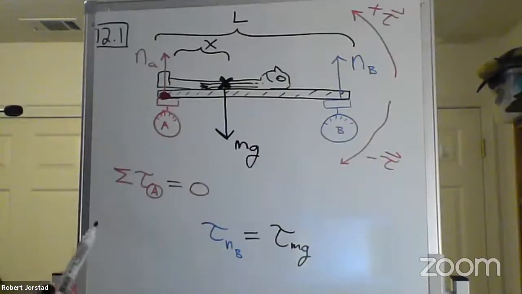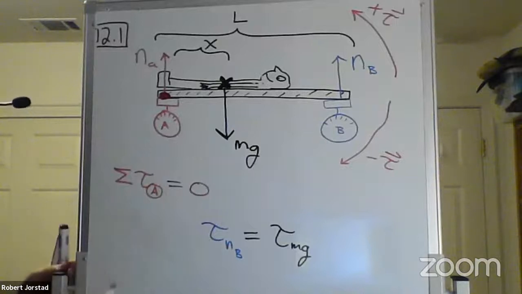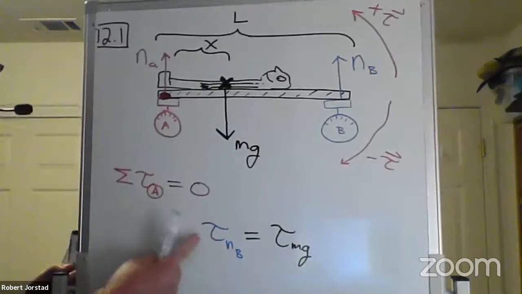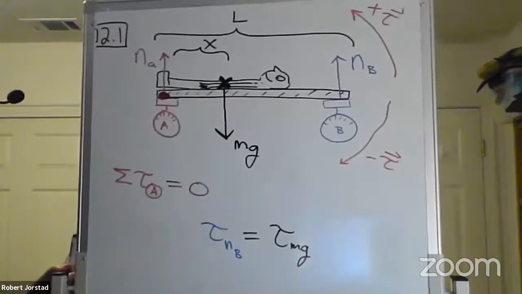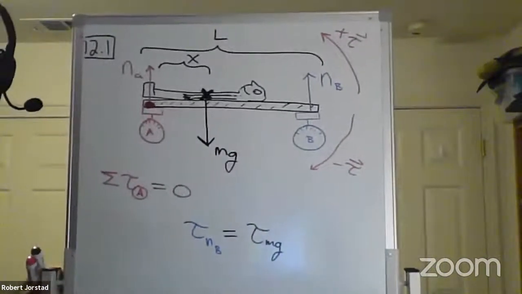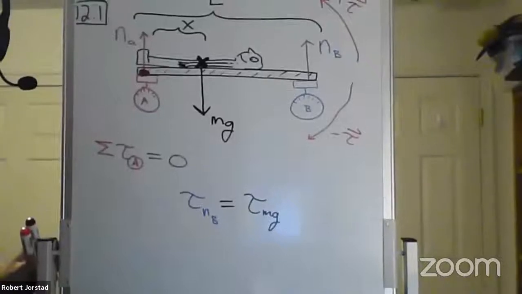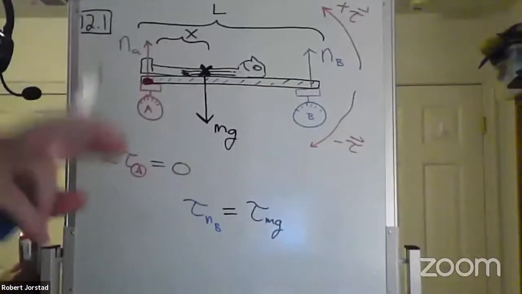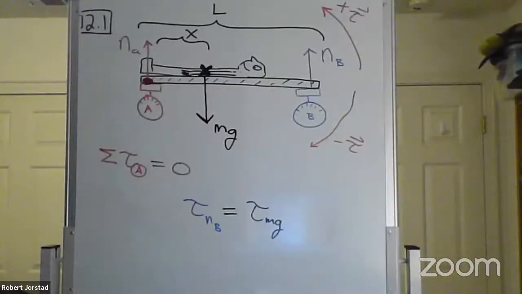Somebody help me. What should I write down for the torque due to NB? What equation should I write? Remember, we have 4 ways to do it.